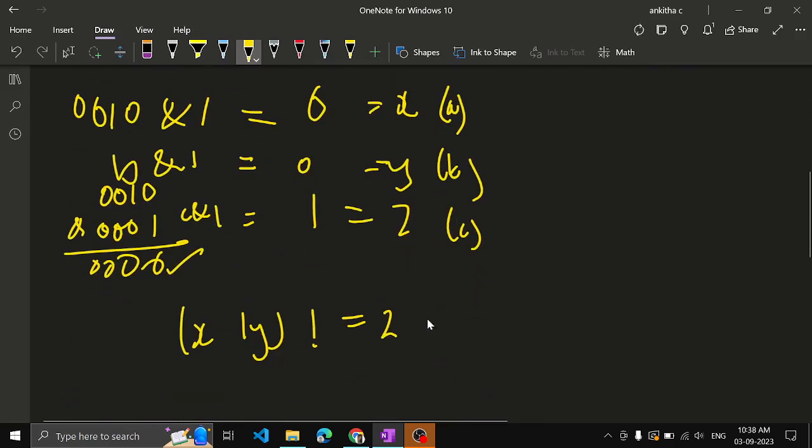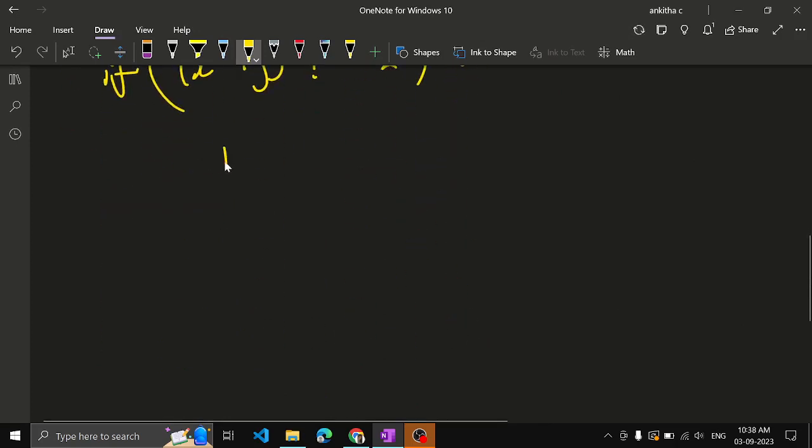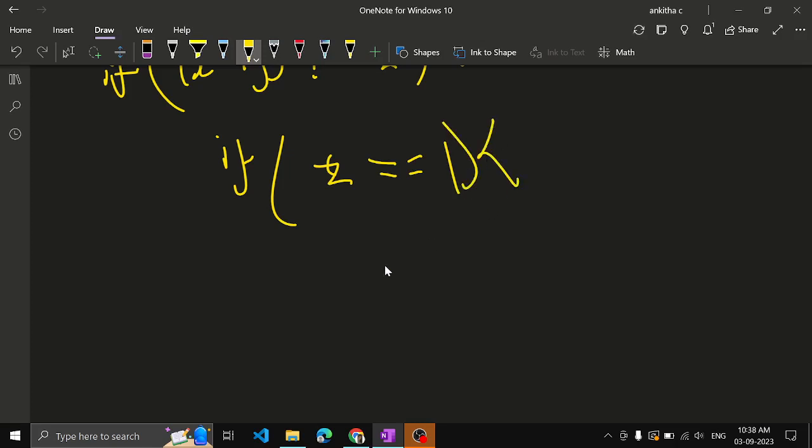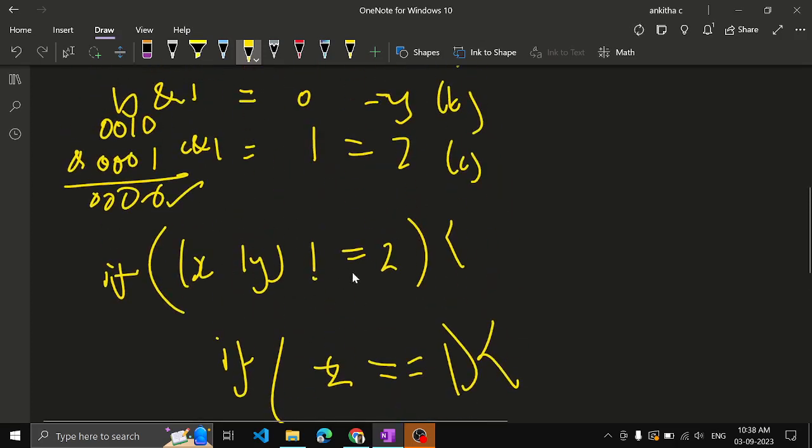In this case, first you have to check if x OR y is not equal to z, and then check if c, meaning the least significant bit of z, is equal to 1. Then flips plus plus. When will you get x OR y not equal to z, though z is 1? If both of them are 0.